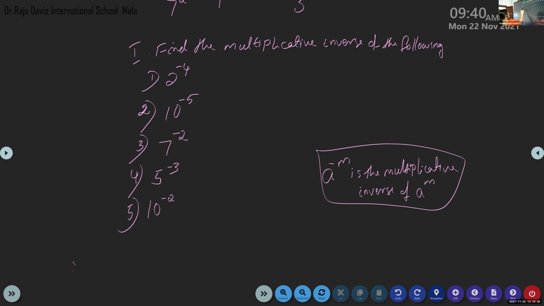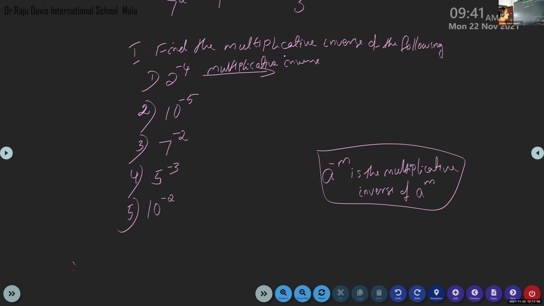So what will be the multiplicative inverse of 2 raised to minus 4? It will be 2 raised to 4. To get the multiplicative inverse, just change the sign of the exponent.